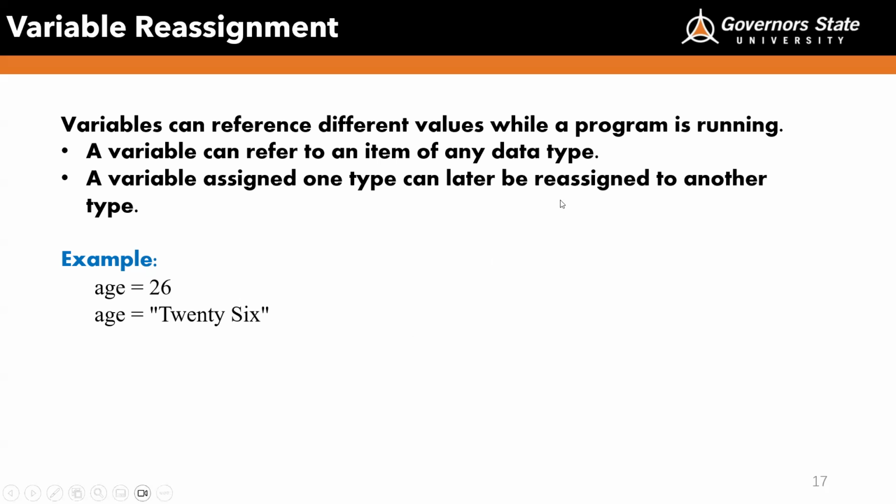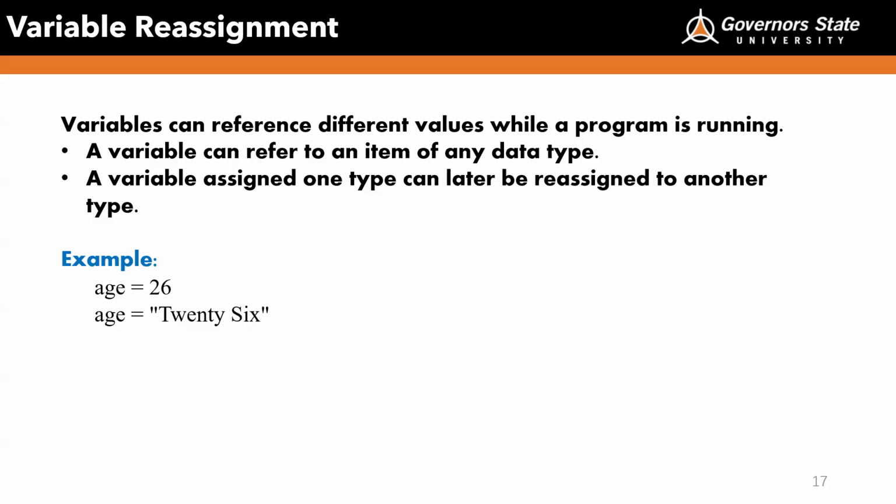Unlike C++ or Java, in all those other languages you need to make a declaration. For example, for the age, you want the age to be an integer or a string, right?